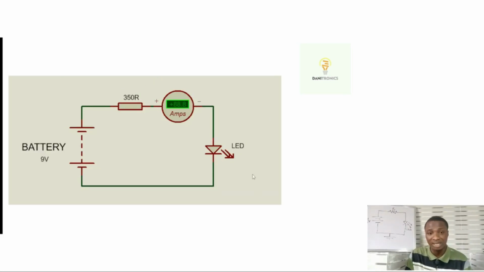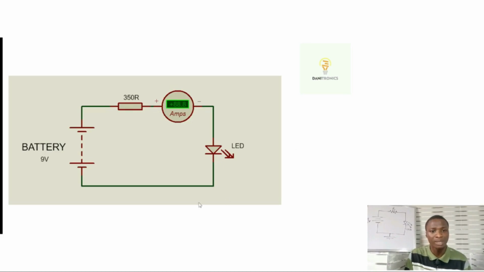As we design our circuits, we need to measure the actual current flowing, because sometimes the calculated value may slightly differ from the real value when you perform the experiment, due to random errors, experimental errors and all that. So if you want to calculate your current that is flowing through the circuit, you connect your ammeter, which is the measuring instrument for amperes, the current flowing through.